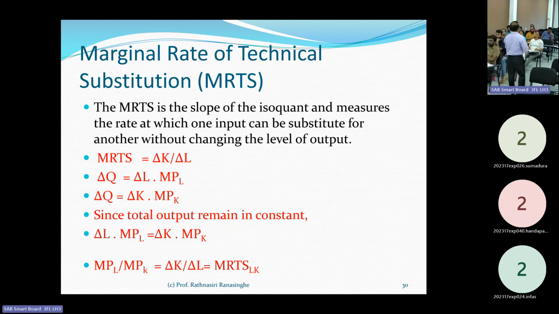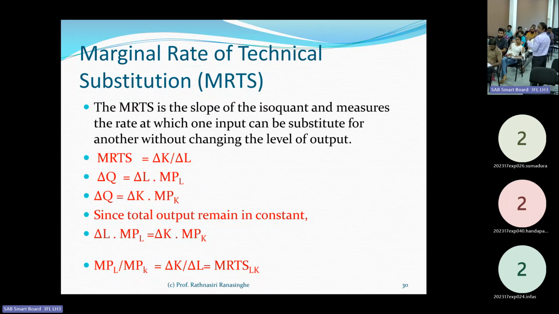The marginal productivity of labor. With respect to changing labor, how much does output change? Marginal productivity of labor. In the same way, with respect to a change in capital, how much does output change? That gives us the marginal productivity of capital.